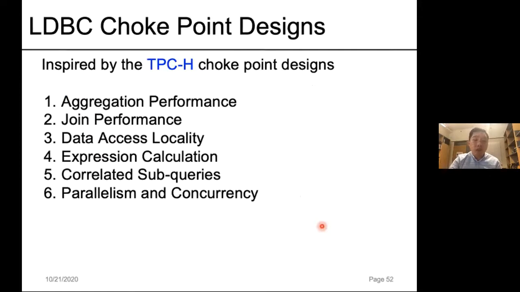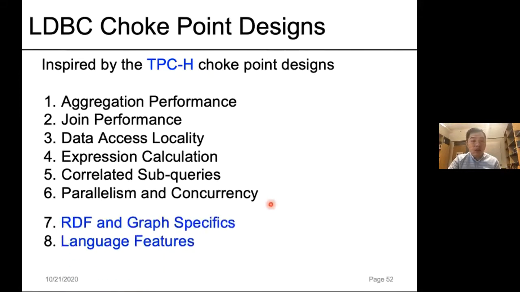So the LDBC also has a choke point design, and these choke points are also inspired by the TPC-H. The original TPC-H, as we mentioned before, has 6 categories: aggregation performance, join performance, data access locality, expression calculation, correlated subqueries, and parallelism and concurrency. And they also introduced 2 new categories: the RDF and graph specifics, and the language features.